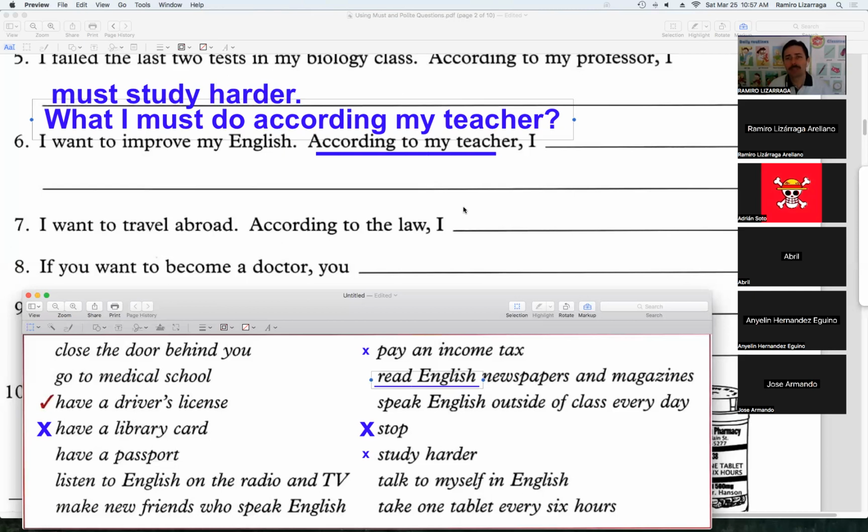Y lo mismo pasa en los países del habla inglesa, que hay palabras que solo ellos entienden. Inclusive si vamos de un estado a otro, de diferentes formas llaman las cosas. Entonces el idioma cambia mucho, de estado a estado, de país en país, aunque sea el mismo idioma. Y a eso nos enfrentamos, ¿no? Muy bien.